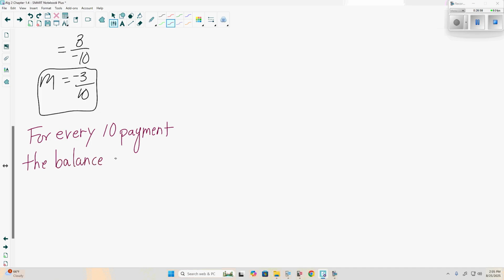The balance decreases by what? 3. Decreases by $3, yes?